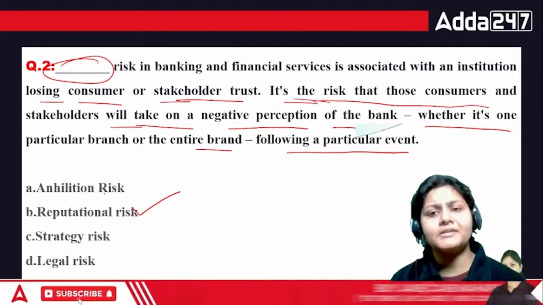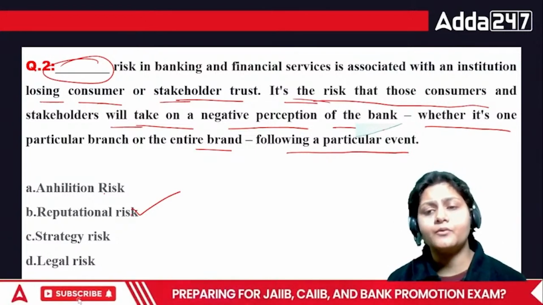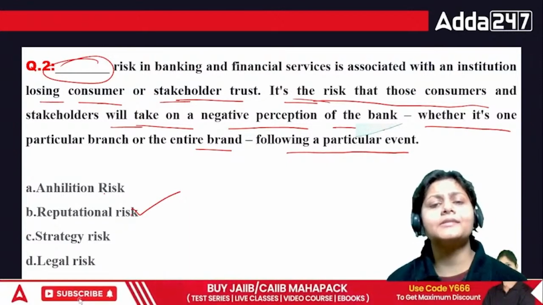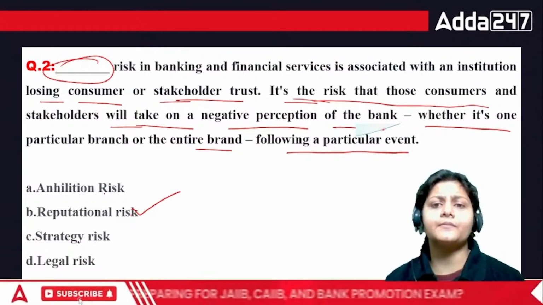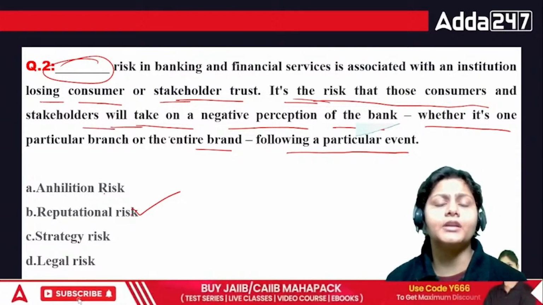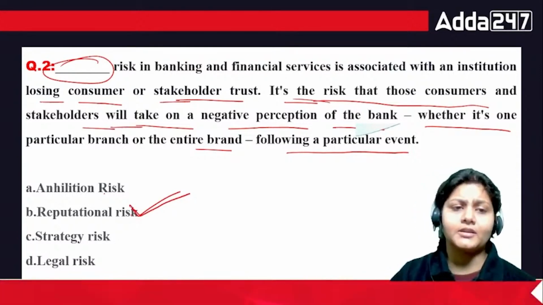The banking business is completely based on trust, right? If someone is opening an account with you, that means they have some trust in you. So it is the risk that consumers and stakeholders will take on a negative perception. That means we are talking about reputation risk.